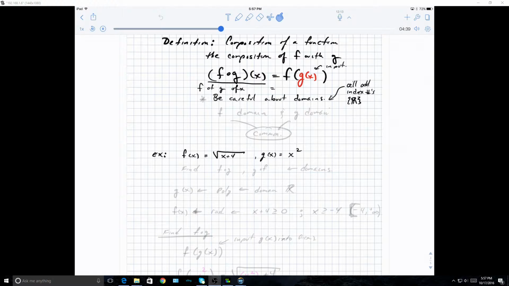Alright? So let's do an example. But before we do, just be careful about domains. And just be very careful, because the domain of f and the domain of g have to have some common ground.